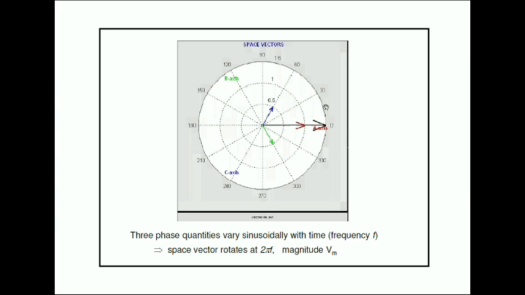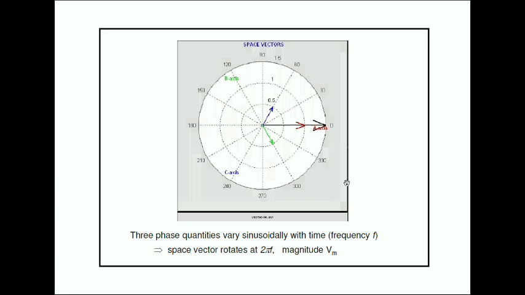Otherwise, if you rotate, and if you have a axis here, c axis here, and b axis here, this is the same space vector which is shown. According to that, all the other vectors will move, and you will get the same magnitude and phase angle, and this phase angle will be considered with respect to the a axis.